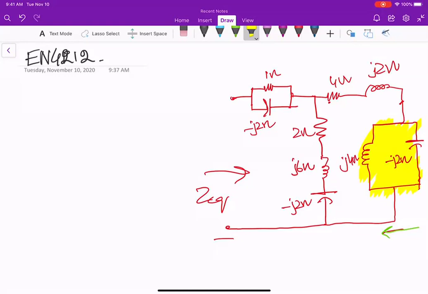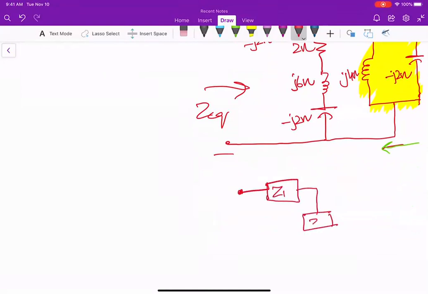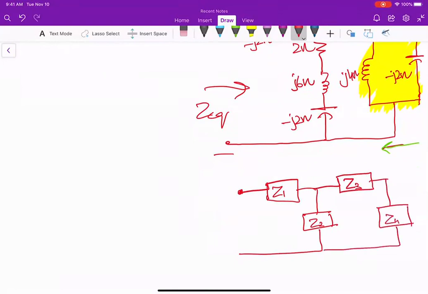Okay, so when I convert them into admittance, first, for the simplification, I will say this is my Z1, this is my Z2, this is my Z3, and this is my Z4, which means the symbolic representation of this is Z4.